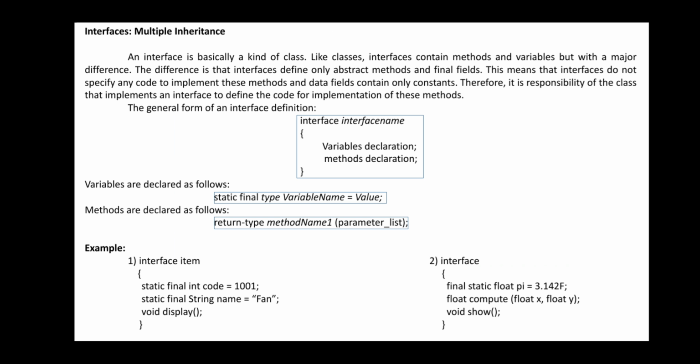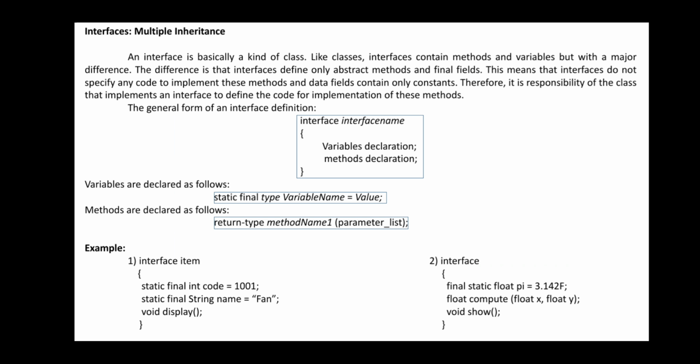For that sake, instead of defining another class in the form of multiple inheritance, we use what is called an interface. One class can be extended, another class can be implemented. In this way, all this information can be defined using interfaces.